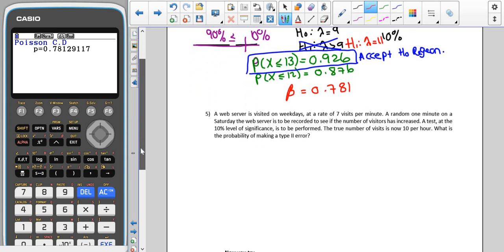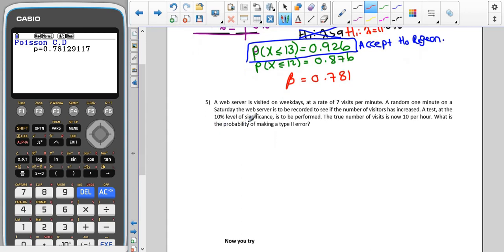We're going to have a look at another one. This one's slightly harder this time. So we have a web server is visited on weekdays at a rate of 7 visits per minute. On a random 1 minute on Saturday, the web server recorded to see if the number of visitors has changed.